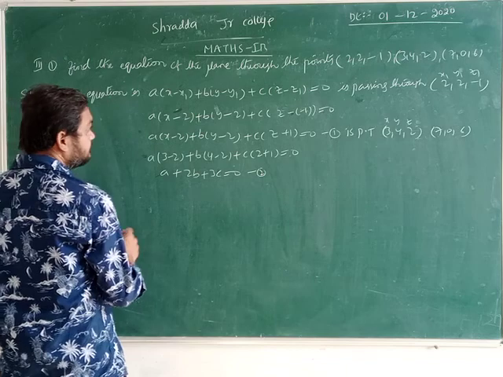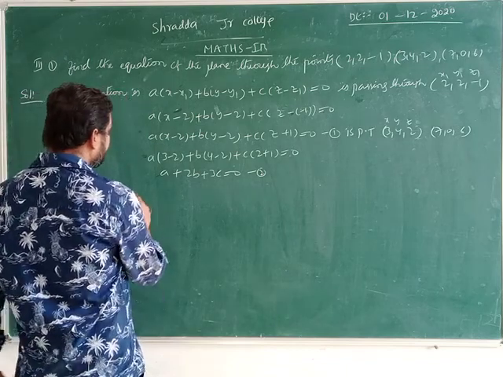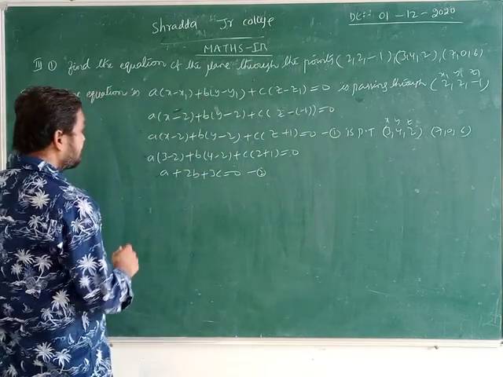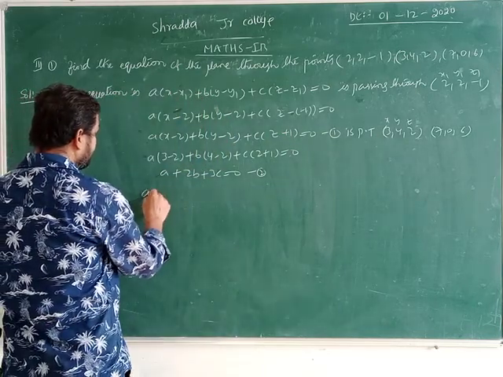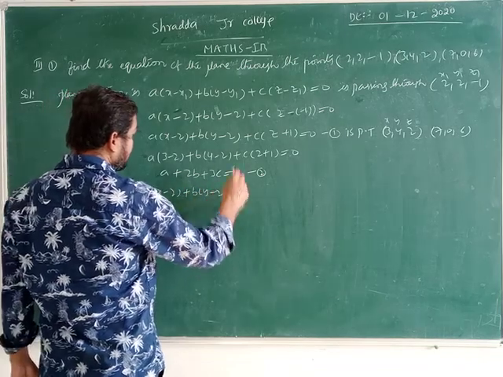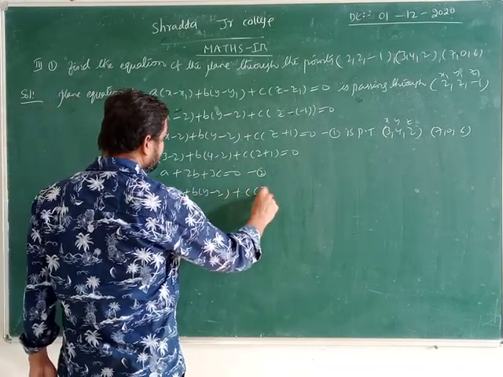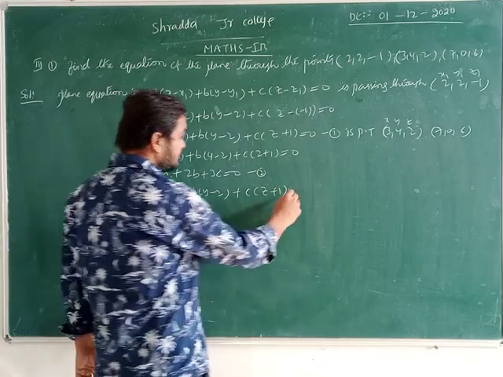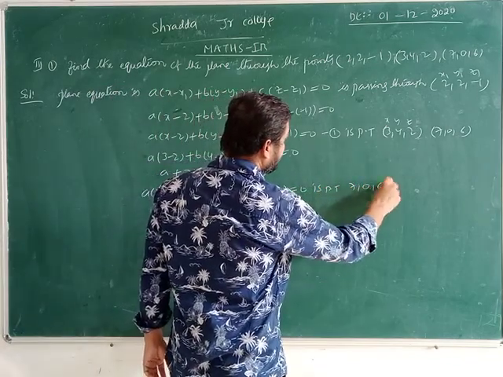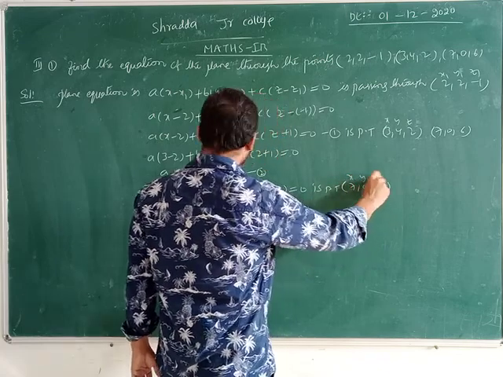The next thing, what is another equation? This is passing through 7 comma 0 comma 6. You see here, A into x minus 2 plus b into y minus 2 plus c into z plus 1 equals to 0. It is passing through 7 comma 0 comma 6.